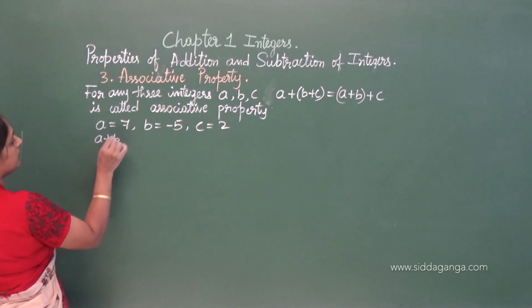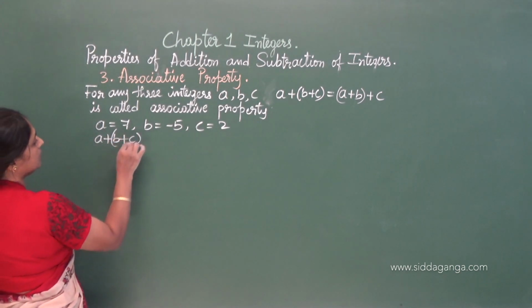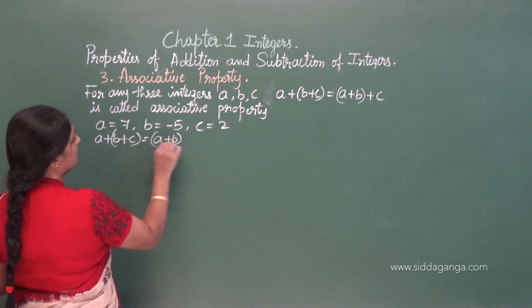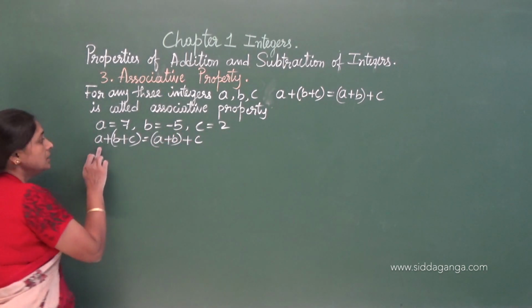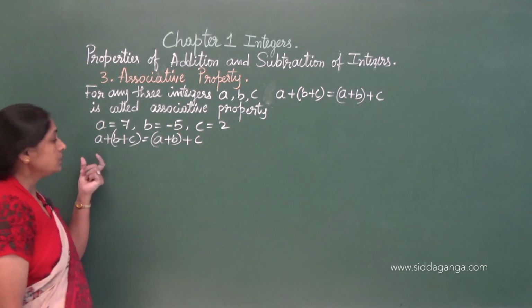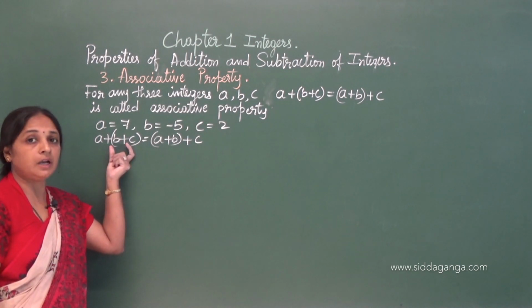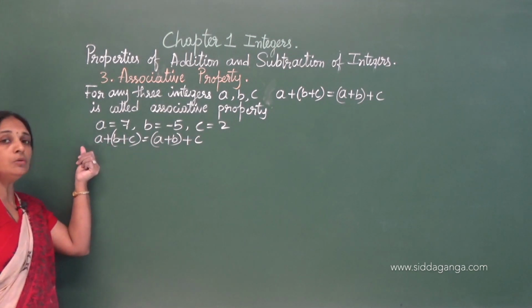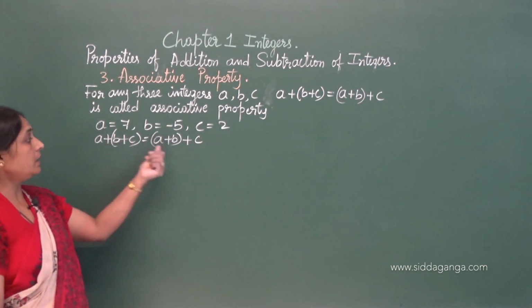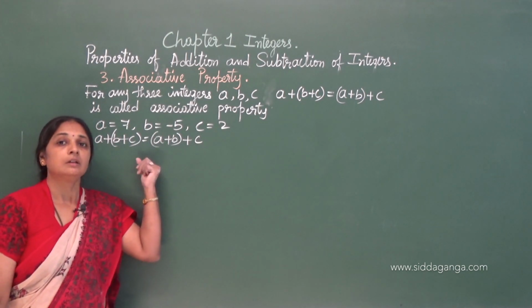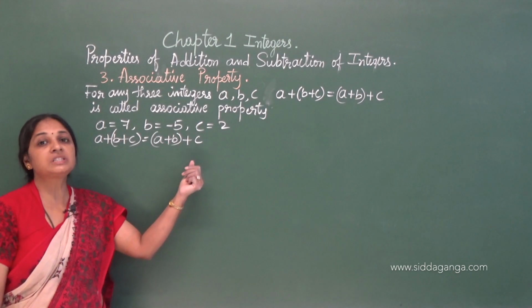A plus (B plus C) is equal to (A plus B) plus C. Here we have to add B and C first, and the sum should be added to A. And here we are going to add A plus B first, then the sum is added to C.